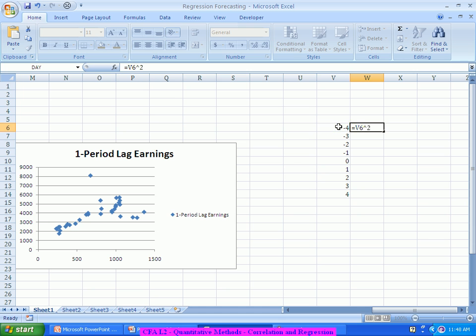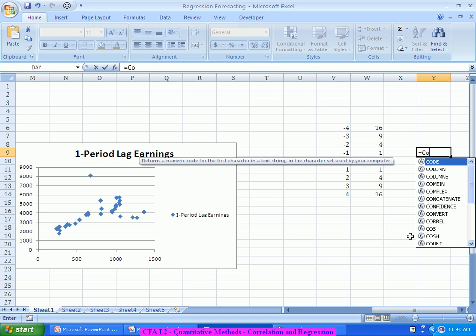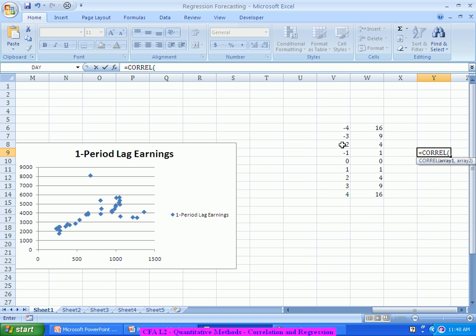So 16, 9, like that. So these are x, these are y. When I try to find the correlation between these two, logically speaking, we know they are very strongly related. But when I try to find out the correlation between these two, I can use even the correlation formula in Excel. So the correlation between these two is directly giving 0.